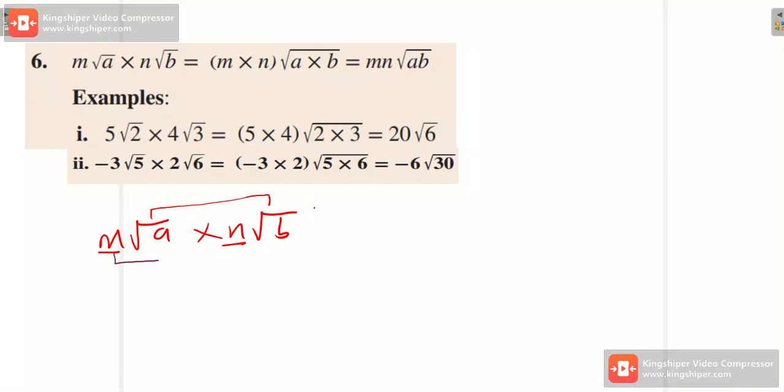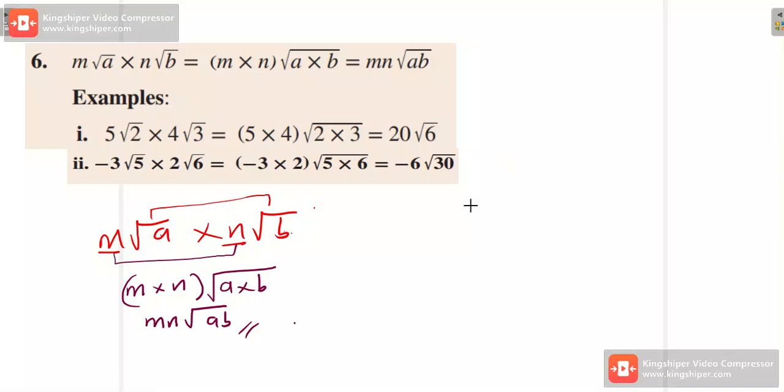Find the product of the rational numbers, which is M times N. Then also take the product of the two radicals, which is A times B, and put them under the root sign because they are radicals. So it becomes MN root of AB.